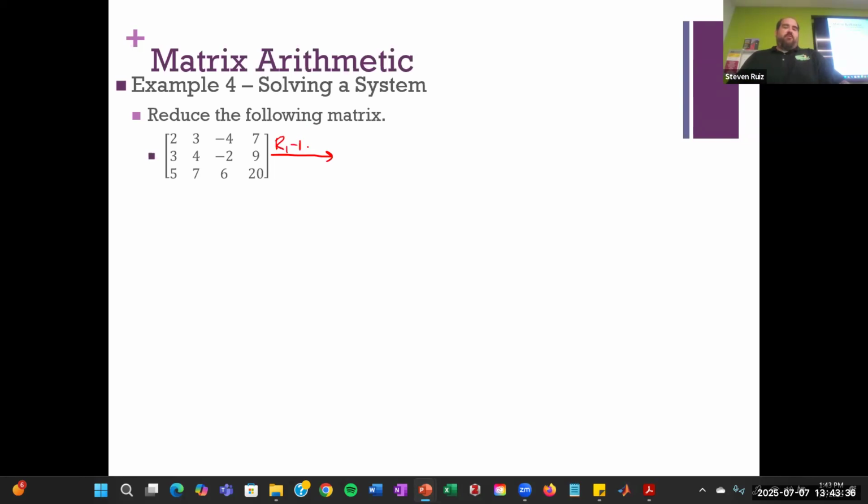So row 1 minus row 2. Put that back into row 1. All right, row 1 minus row 2 is -1, -1, -2, -2.